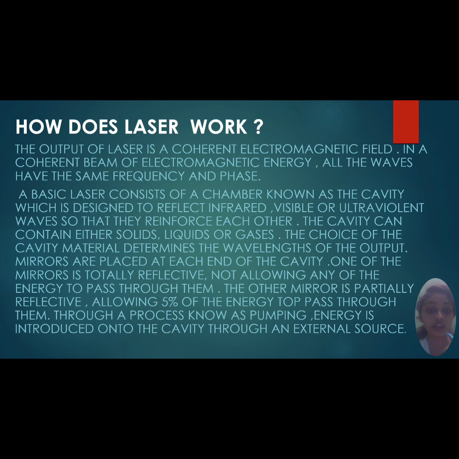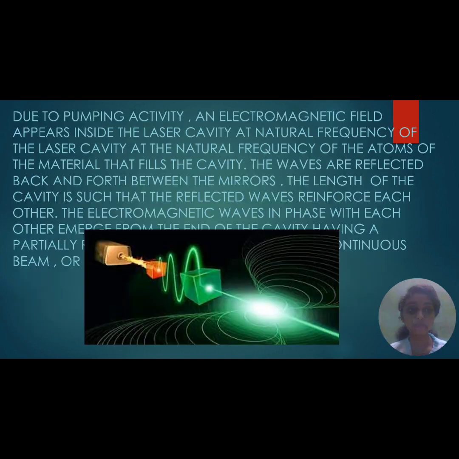Mirrors are placed at each end of the cavity. One of the mirrors is totally reflective, not allowing any of the energy to pass through. The other mirror is partially reflective, allowing 5% of the energy to pass through. Through a process known as pumping, energy is introduced into the cavity through an external source.